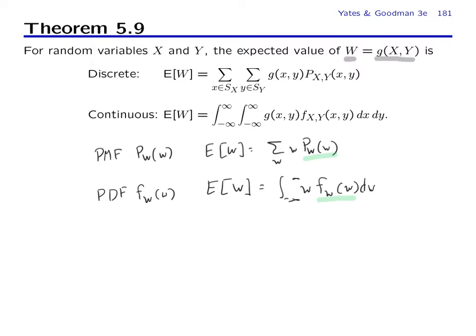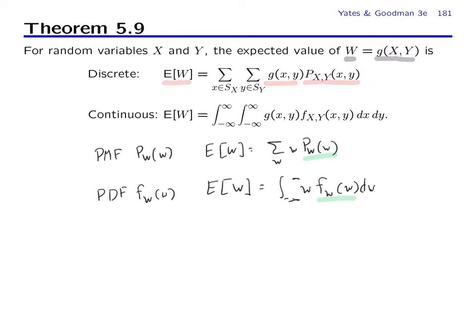So that's the beauty of this theorem. The beauty of this theorem is that in the discrete case, you take the function and you average it over the joint PMF of X and Y, and that gives you the expected value.